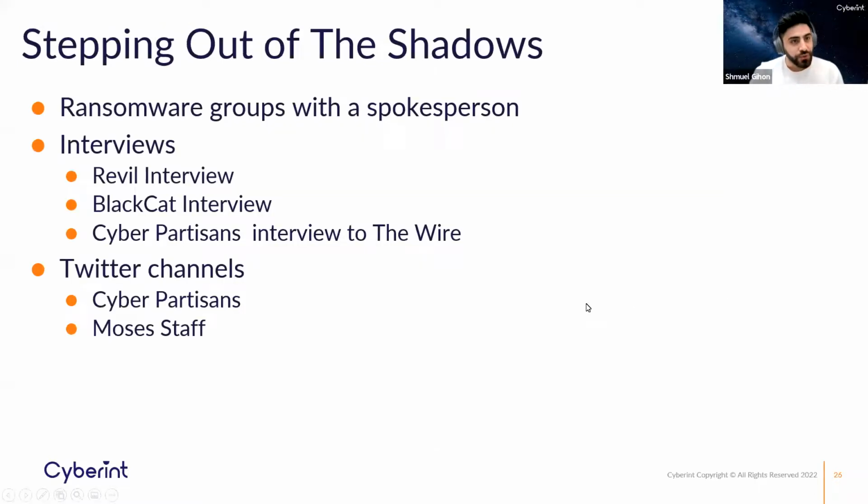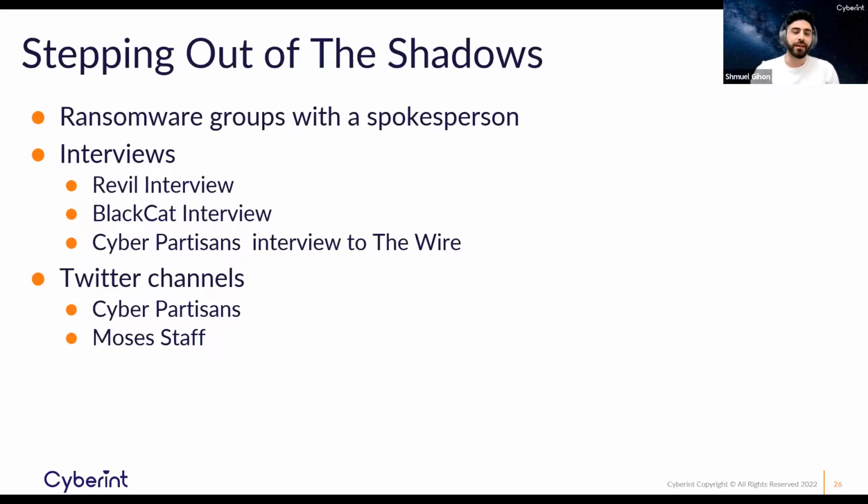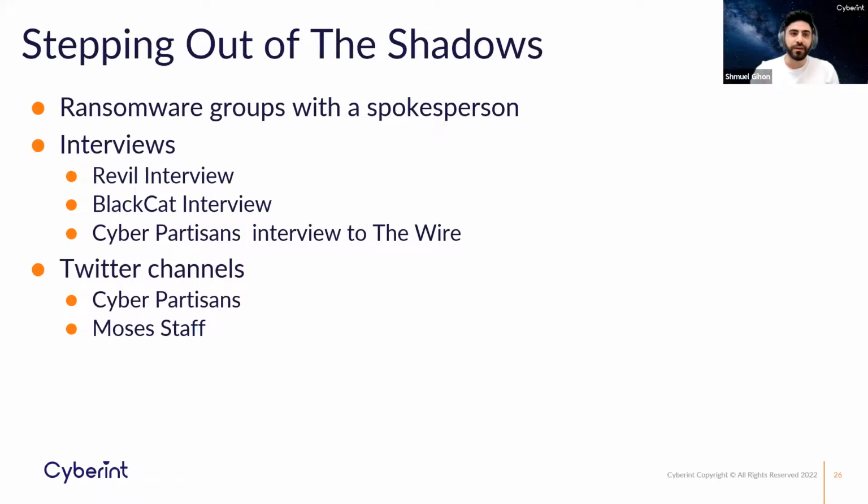Let's move on to something else that we have seen, and we're calling it stepping out of the shadows. So the thing is that ransomware groups, ever since, let's put it, 6 months, we have seen that they're kind of coming out.